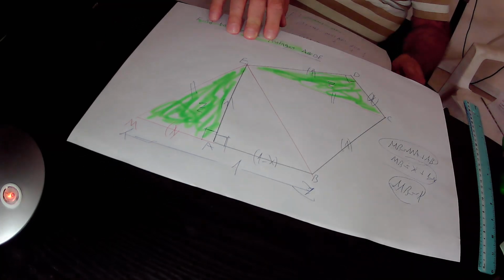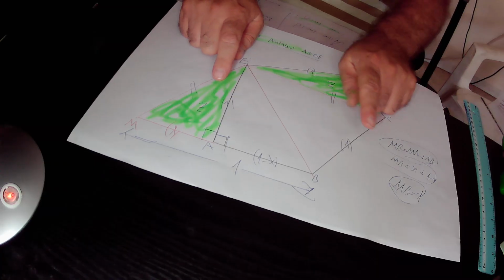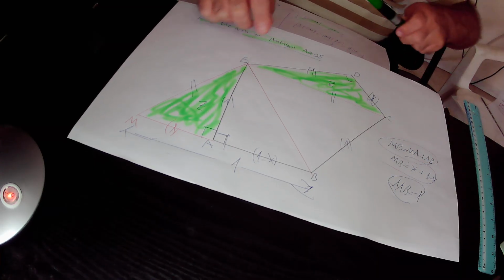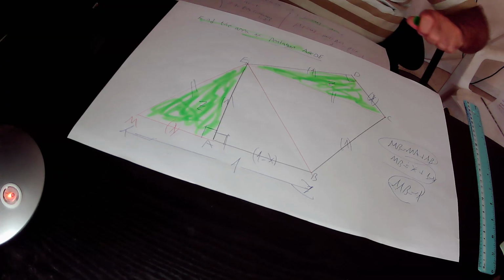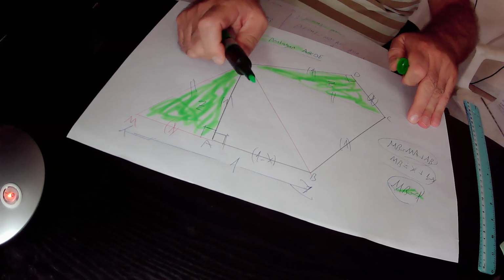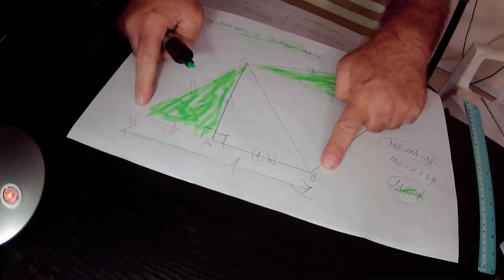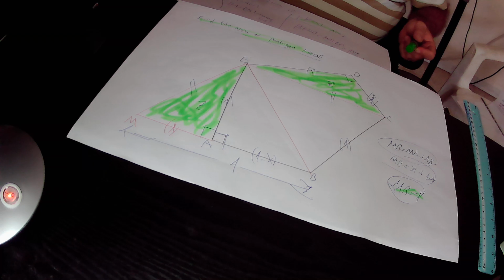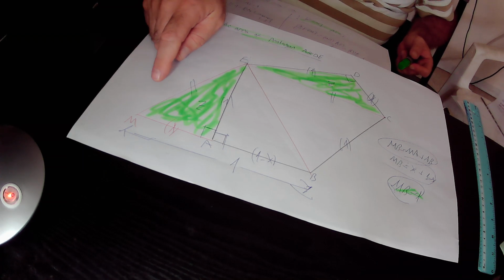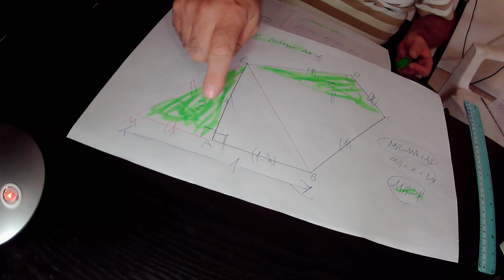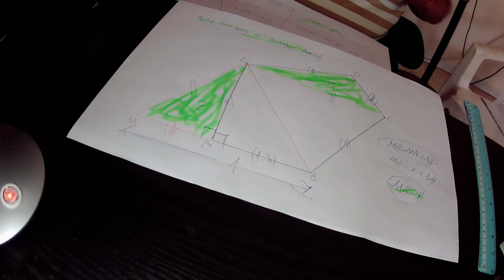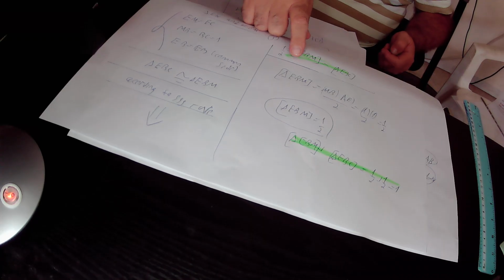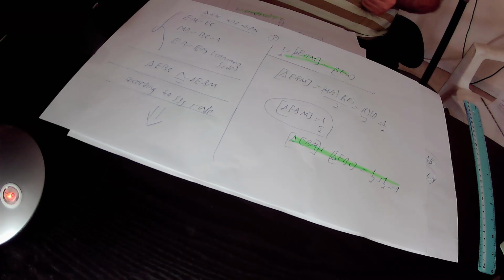Okay, what is the length of MB? We already found out that MB equals 1 unit in its length. This is side MB, which equals 1 unit. So the area of triangle EBM equals the base MB times the height AE over 2.